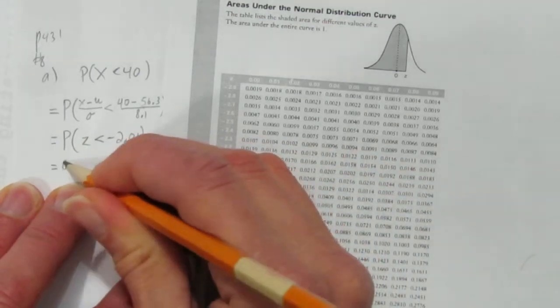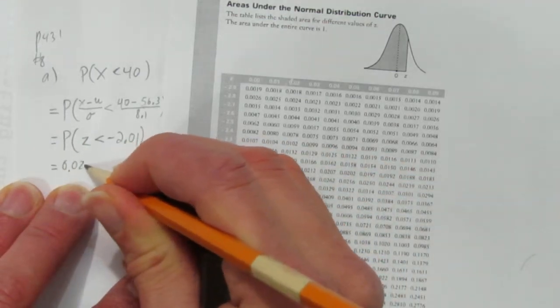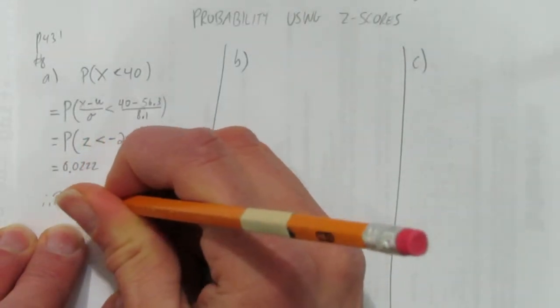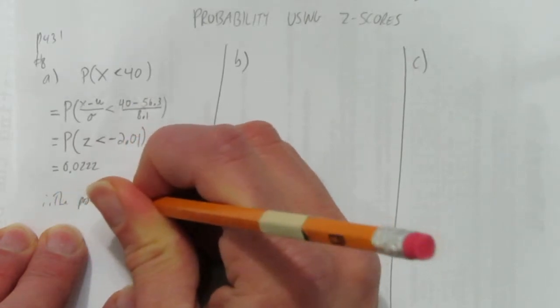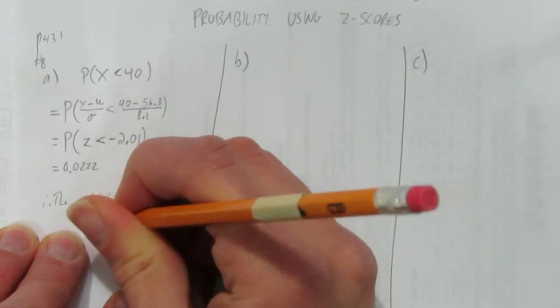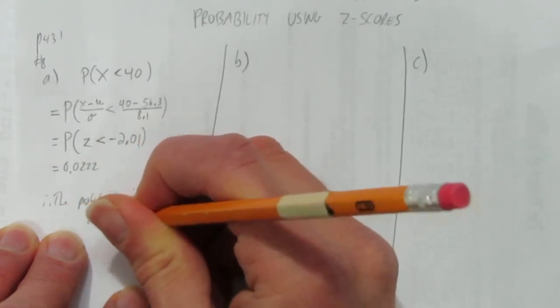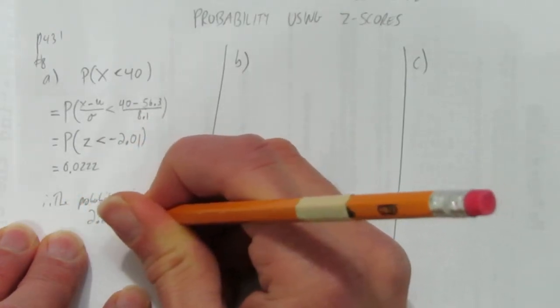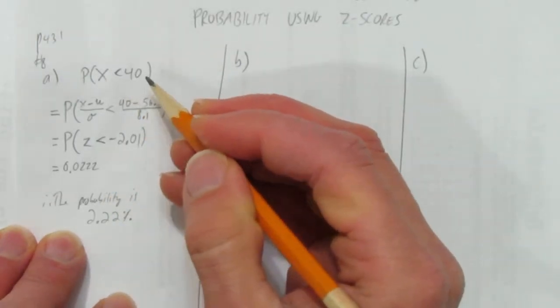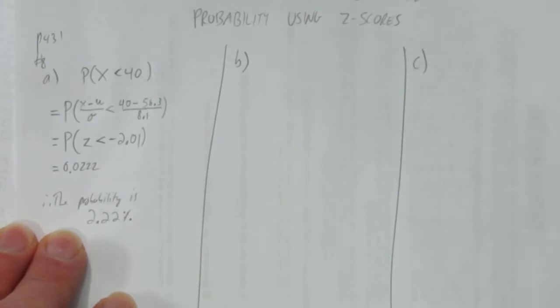And we get 0.0222. And that's the answer. Therefore, the probability is, moving the decimal over 2 places for percent, 2.22%. That's the probability of having less than 40% of the shots on goal score.